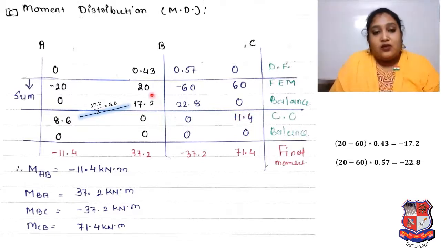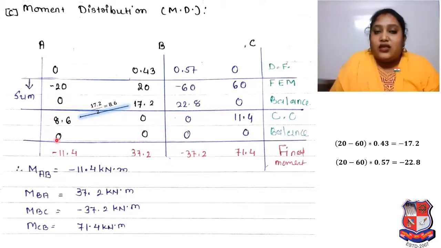So now what we have to do: 20 plus 17.2 is 37.2, right? Now minus 60 plus 22.8 is minus 37.2, means it is balanced, because at the same joint it is a similar value, only positive and negative.